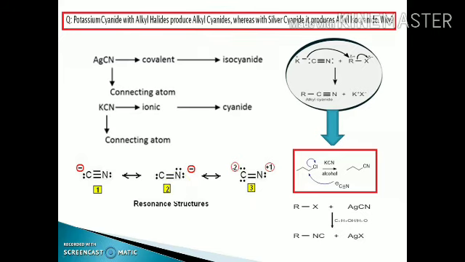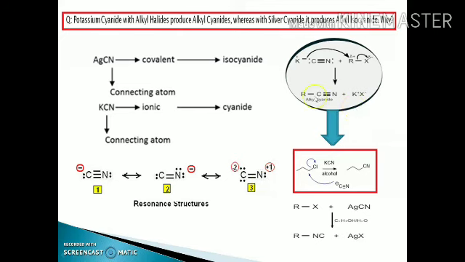If the carbon negative attacks the carbocation, that forms an alkyl cyanide. In case of potassium cyanide, due to the ionic nature, it will form K positive and CN negative. In the CN negative, the carbon is more electron rich in comparison to the nitrogen.